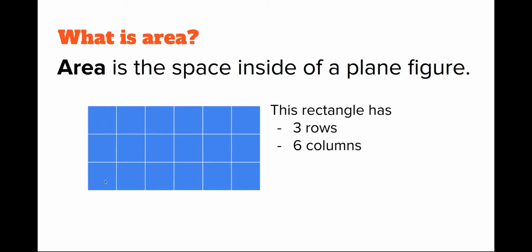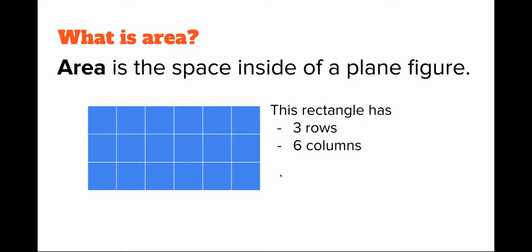I know the column goes all the way down, so I can count 1, 2, 3, 4, 5, 6, and that makes 6 columns. So if I want to find out the total number of squares in this array, I'm really finding the area, the space in this rectangle.